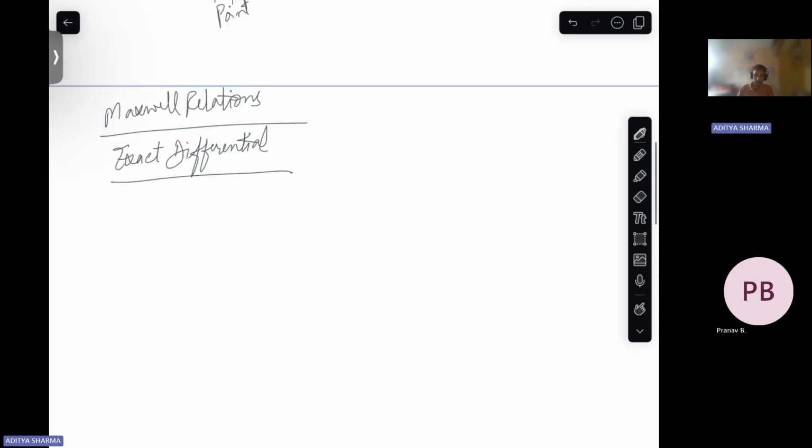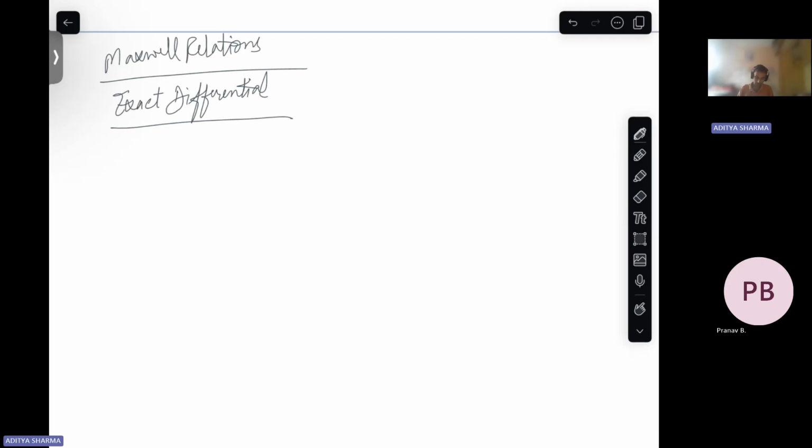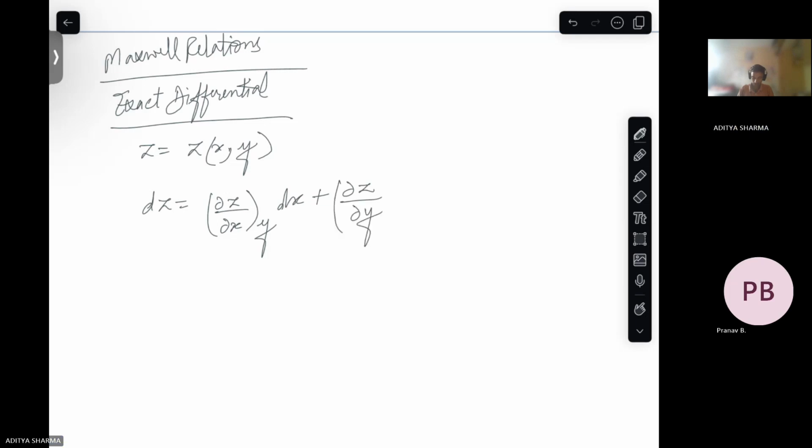So there is one property of exact differentials, right? Let's say we have some function z that is a function of x and y. In that case, its exact differential can be written in this way: partial differential of z with respect to x when y is constant, then partial differential with respect to y when x is constant.